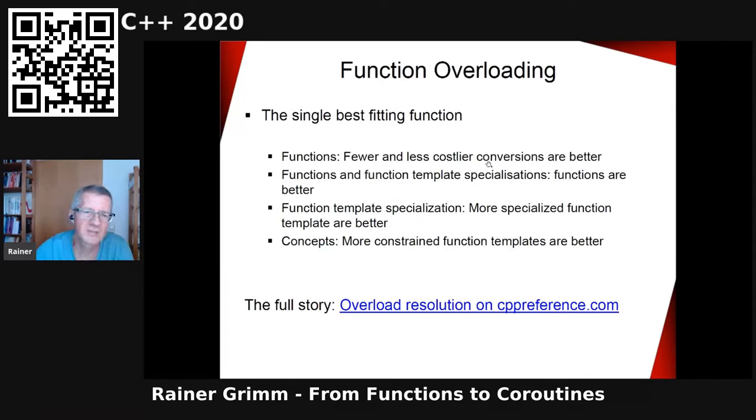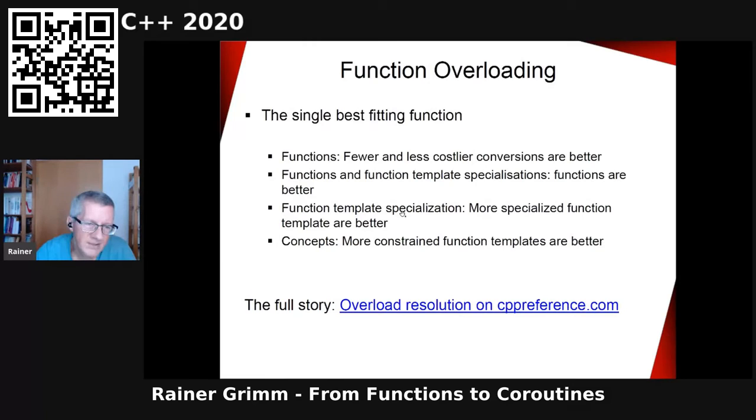Okay, this function is preferred by the compiler. For function and function template, it means that functions are preferred when they are as good a fit as function templates. I will show you an example in the next slide.